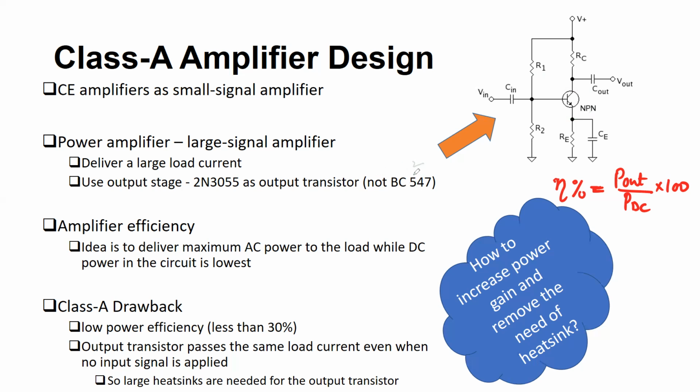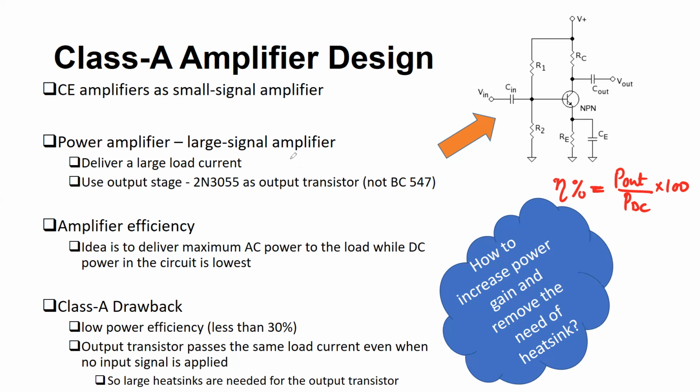These two are small signal transistors. If you want to use this circuit as a small signal amplifier, then go for BC547 or BC107 or 2N2222. These are called small signal transistors. When you talk about a power transistor, it means its voltage and current ratings are high.